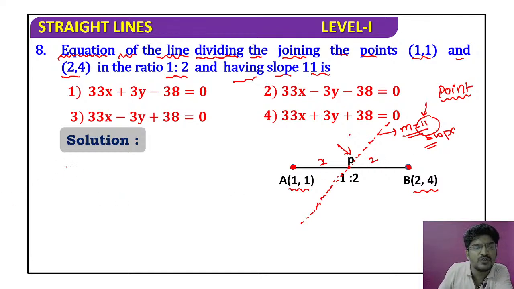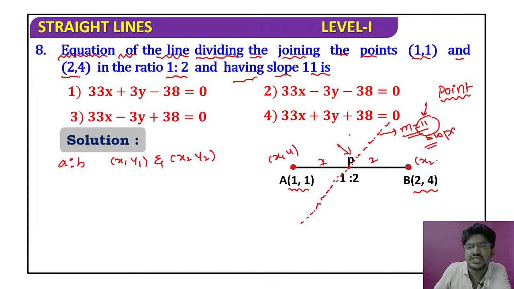What is the section formula? If A is to B is the ratio, and x1, y1 and x2, y2 are the points. So here this is x1, y1, this is x2, y2. Okay, so I need this particular point. For this point I will take capital X1, capital Y1, that is the point P. So how to find capital X1?